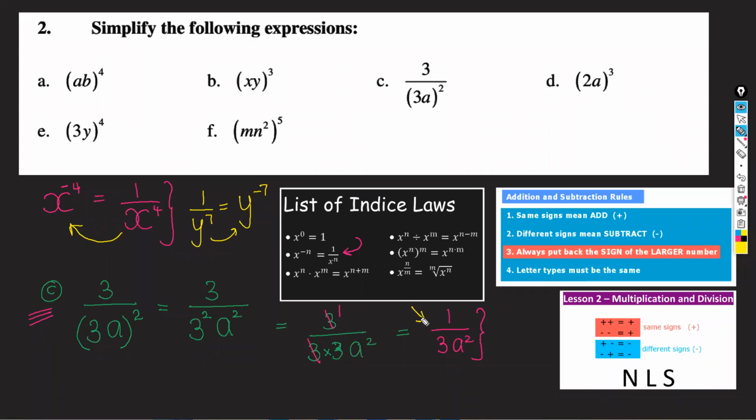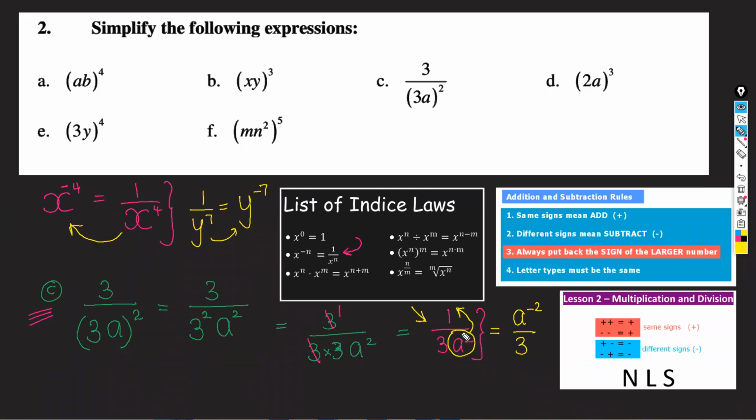I would get this 100% correct in the exam. But there's another answer to this. Let's say for some reason, this positive 2, you see how this power is positive and is hovering over the A? Let's say that annoys you. What you can do is take the A squared and throw it back on top, and you will get A to the power minus 2. But the 3 remains underneath.